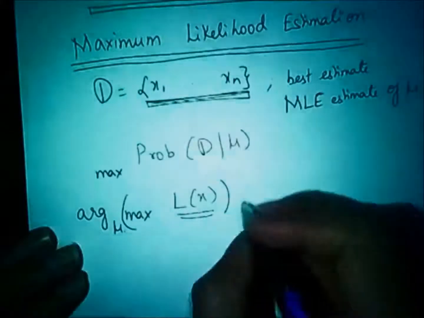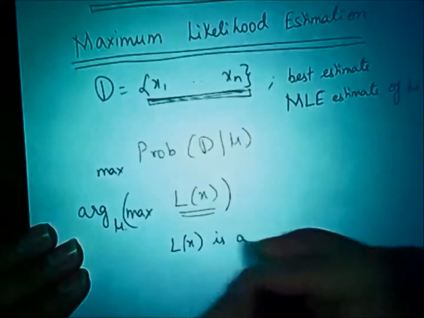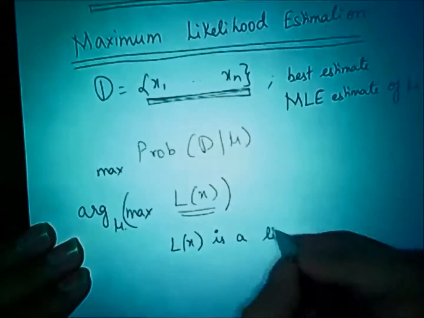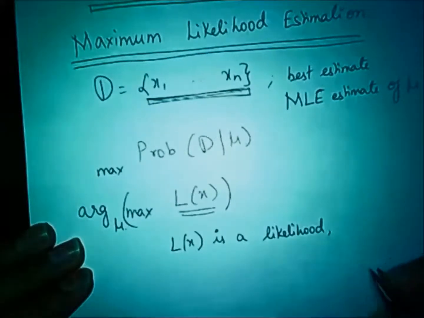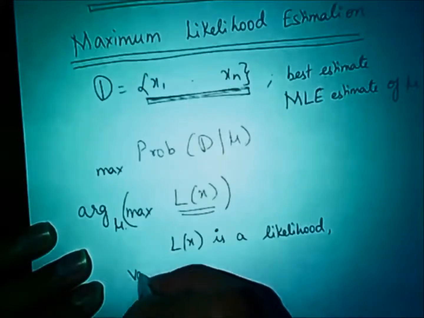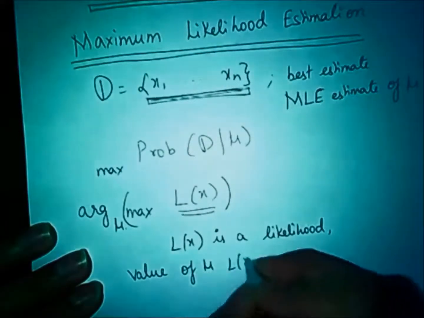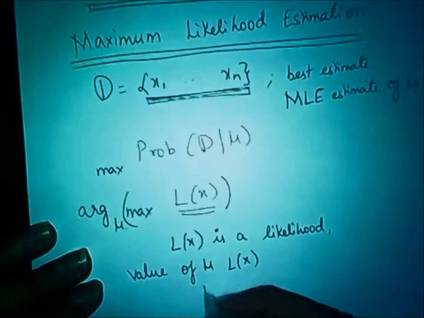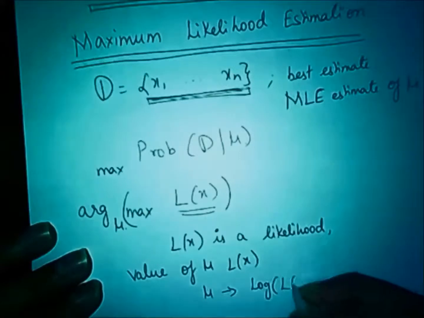As you can see, since L of X is a likelihood function, without going into too much detail, you can see that the value of mu that maximizes L of X will also be the value of mu that maximizes the logarithm of L of X.